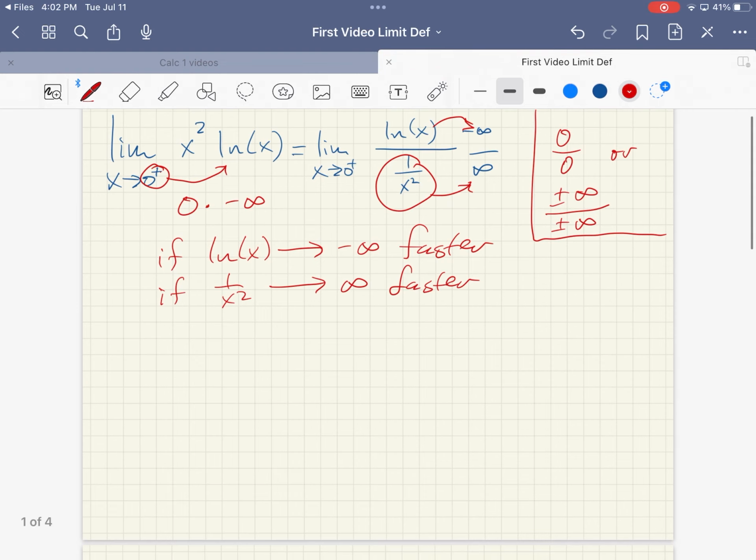And then finally, the third option is if they head towards infinity at some constant rate, technically some constant ratio. So in other words, maybe this one's always twice as fast as that one, or maybe this one's always twice as fast as that one, the numerator versus the denominator. Okay, so those are our three options.